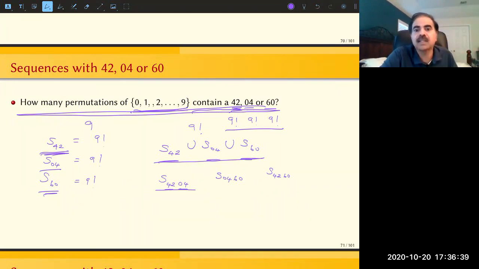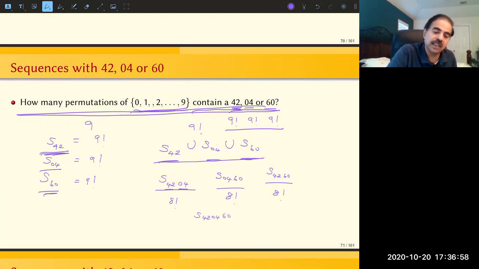So now we have only 8 things to play with. So this is going to be 8 factorial, and the reasoning is the same, so all of these will have 8 factorial. And finally, for applying the inclusion-exclusion principle, we need the intersection of all three, which is going to be 7 factorial, because we again glue one more, which takes out one more digit.